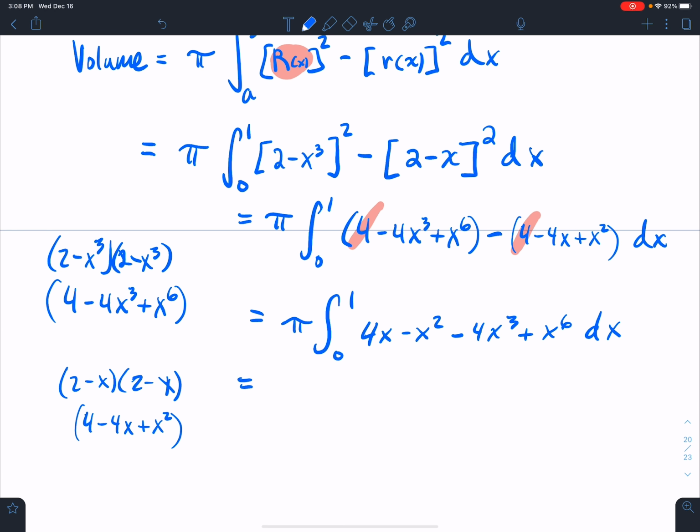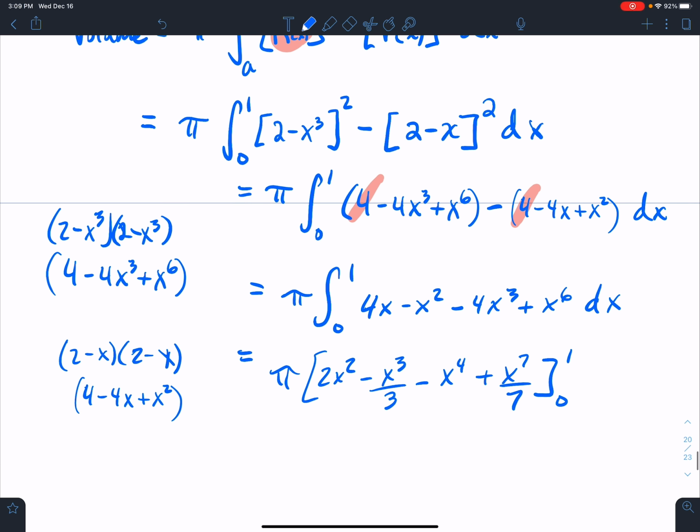If I integrate these pieces, I get 2x squared minus x cubed over 3 minus x to the 4th plus x to the 7th over 7, just using the integration power rule: add 1 to the exponent, divide by the exponent with the 1 added to it, evaluated from 0 to 1.